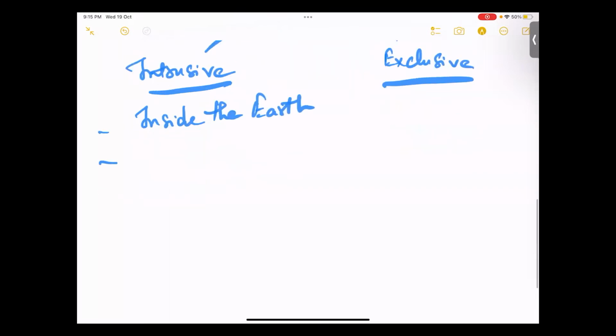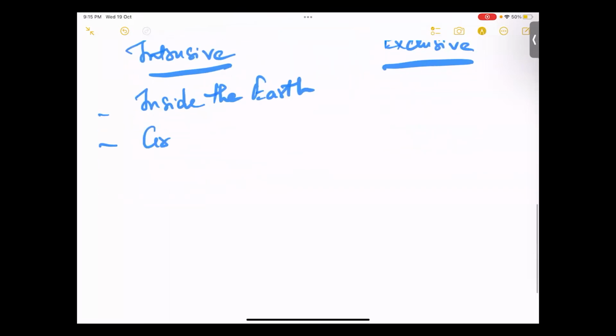What is the famous example of this? Granite. And what are the characteristics of granite? Very fine texture, glossy finish. These are the important characteristics of granite.